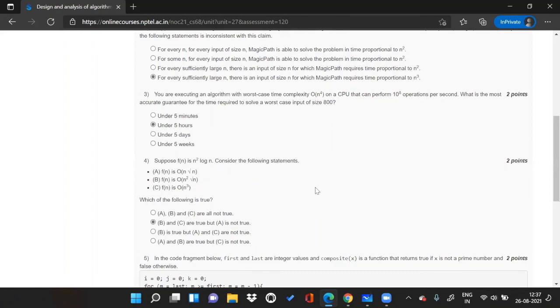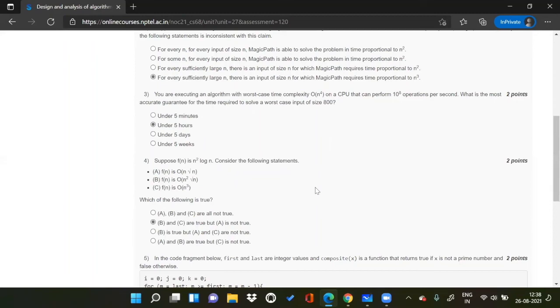If you go further, B part says that n square root n is actually your f of n. So n square root n can at times be equal to n square log n for some special n's, because it is already maintaining that n square. So root n has to be equal to log n. And for some cases, there might be a possibility where log n will be equal to square root of n.